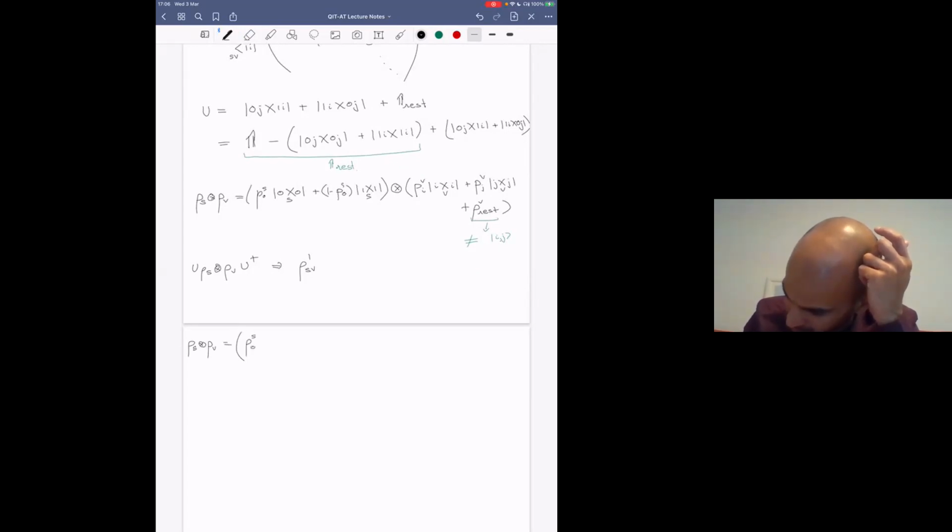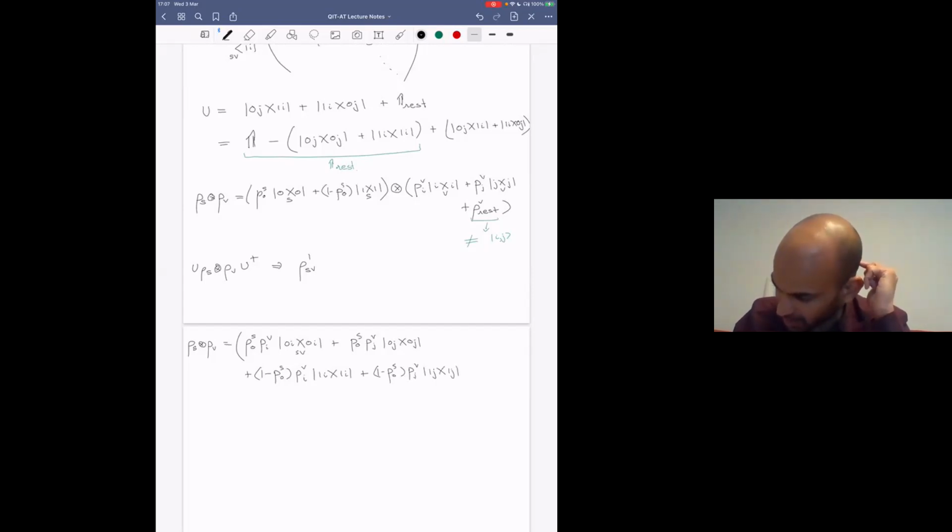I'm going to get P0S, P_i^V, 0i, 0i on SV, plus P0S, P_j^V, 0j, 0j, plus 1 minus P0S, P_i^V, 1i, 1i, and finally 1 minus P0S, P_j^V, 1j, 1j.